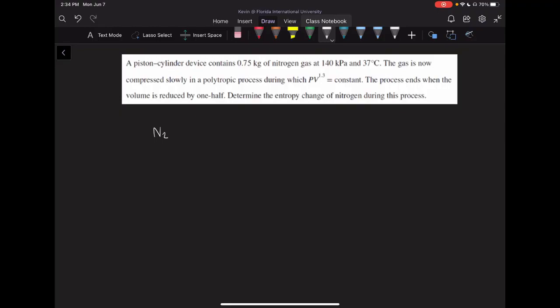For this problem, we're first going to draw a little diagram of what we have. We have a piston cylinder device and a polytropic process, with state 1 and state 2 defined for our system, and PV^1.3 is equal to a constant for our polytropic process.